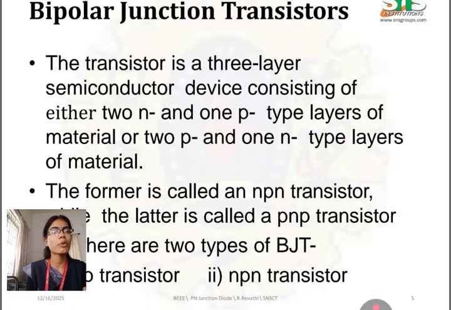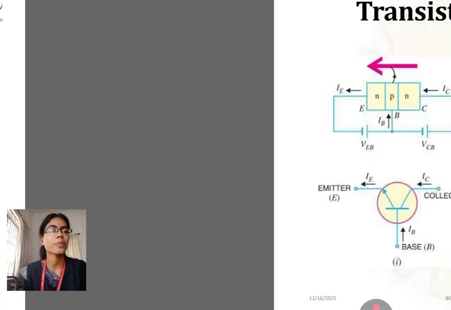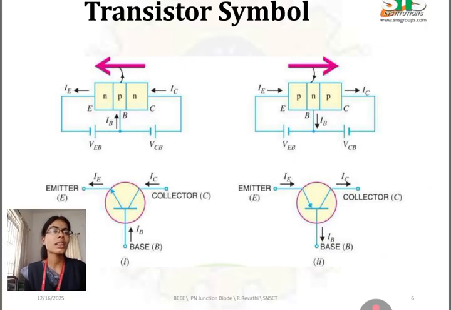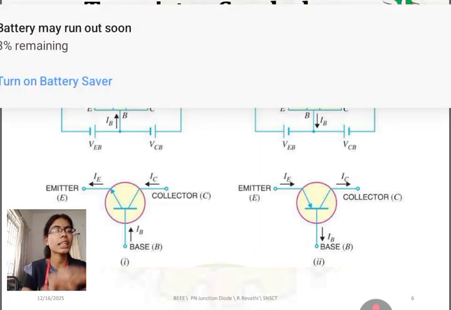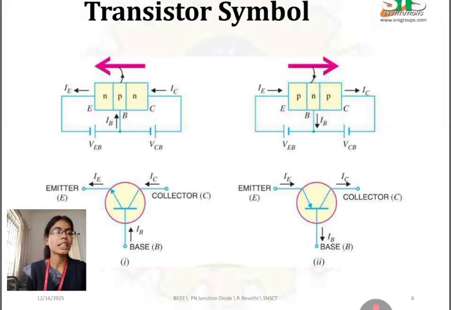So, a bipolar junction transistor consists of two N-type and one P-type layer, or two P-type and one N-type layer: NPN and PNP transistor. The current flowing in the emitter is known as emitter current, and similarly collector current and base current. In an NPN transistor, the arrow mark denotes an inward direction, whereas in a PNP transistor it is in an outward direction.